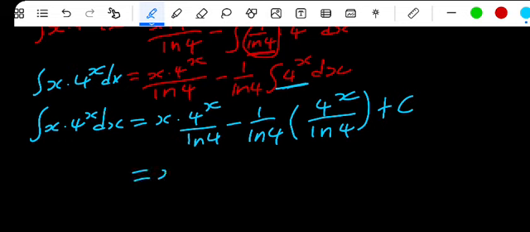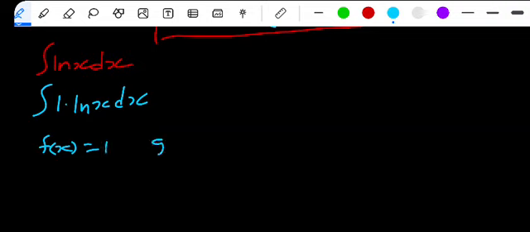All right, so what we're supposed to integrate again, number 2, is the integral of ln x dx. Remember, we're supposed to use integration by parts. This is the same as 1 multiplied by ln x dx. So I will let f of x be equal to 1, then g prime of x will be equal to ln x.